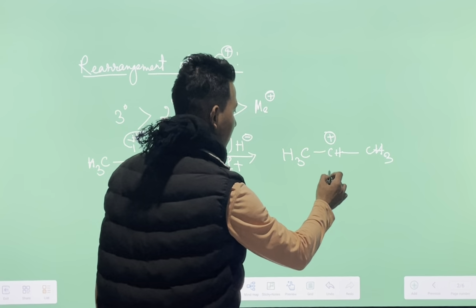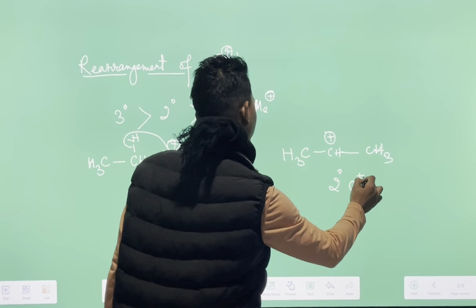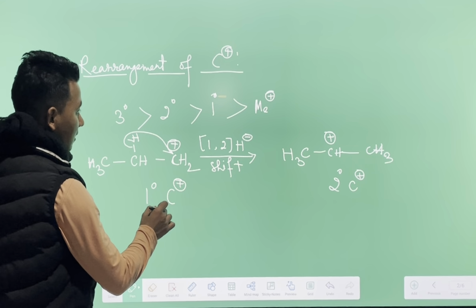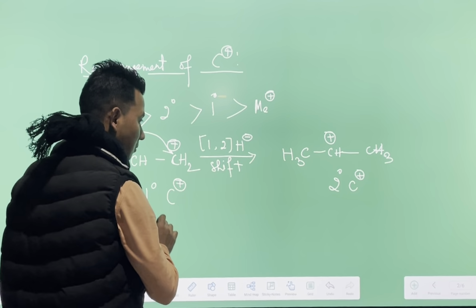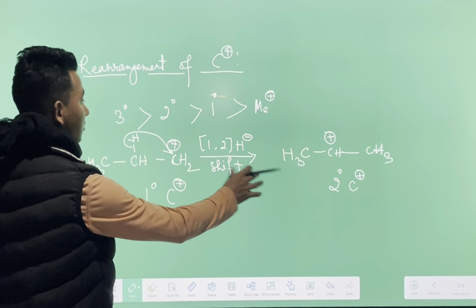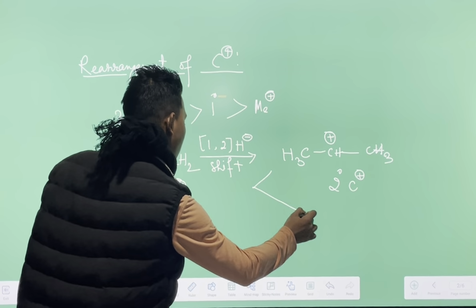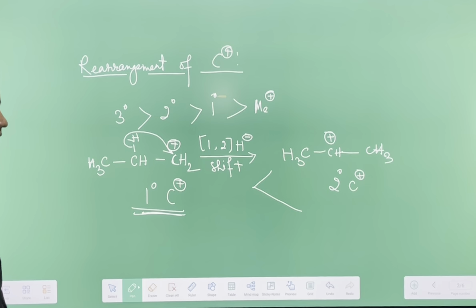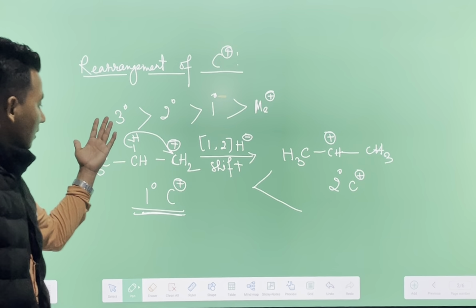Then this is a secondary carbocation. This is the primary carbocation and this is the secondary carbocation. If we compare, the secondary carbocation is more stable than the primary carbocation. So we have to rearrange by the hydride shift.